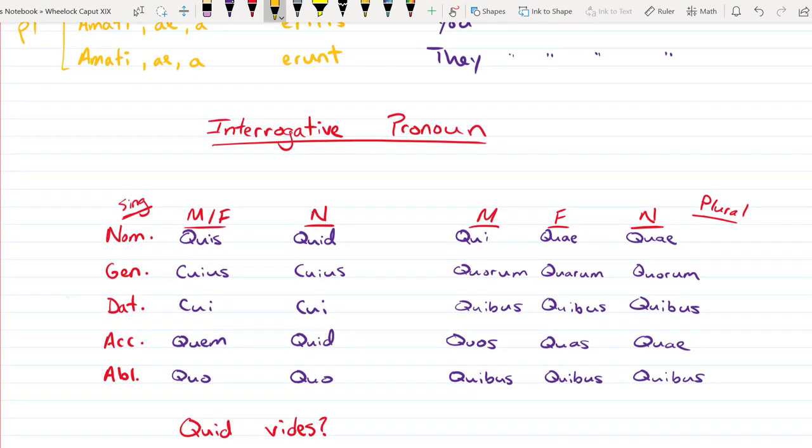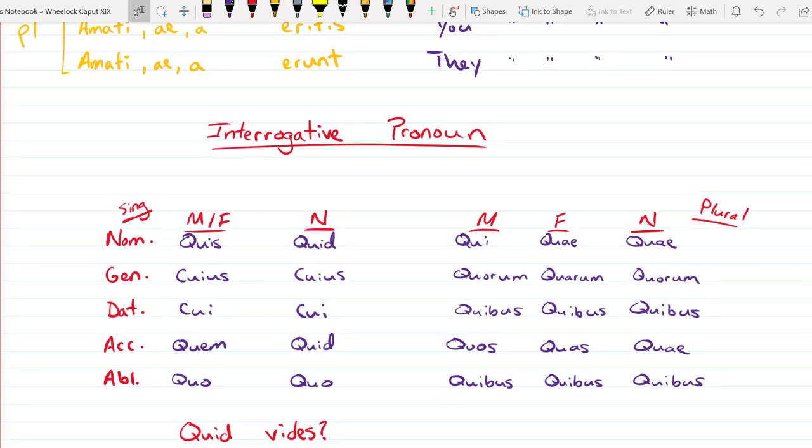Moving on. Interrogative pronouns and interrogative adjectives are touched on in this chapter. For the most part, they're very similar to the relative pronoun. They're just used for questions. Okay, so an interrogative pronoun is in some way asking, this is for a general question, not specific.